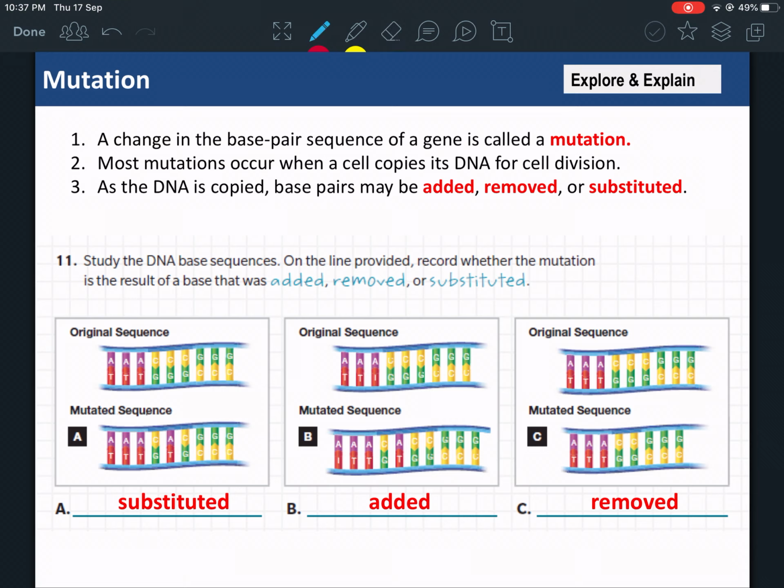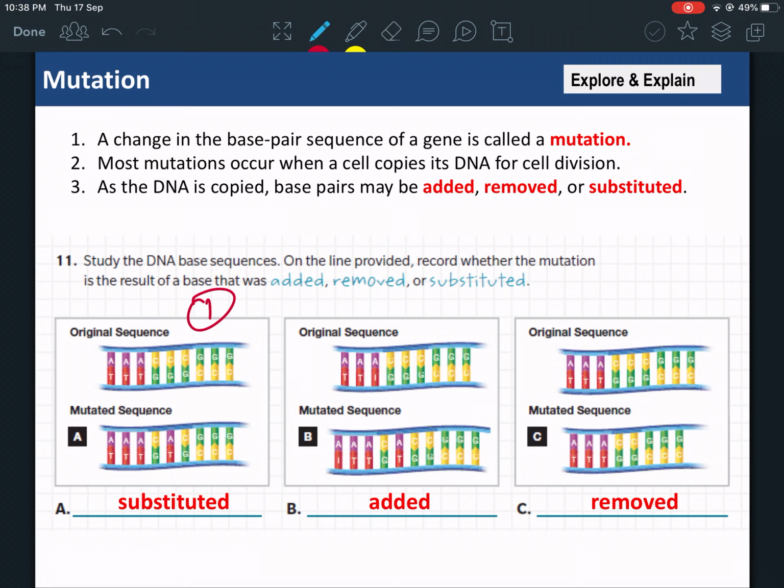That's the first type of mutation. The second type is addition. If you notice here, you have AT, this is supposed to be T, and then you have CG, and then you have AT, but you don't have it here. But then you notice you have CG. So there wasn't substitution here, there was addition.